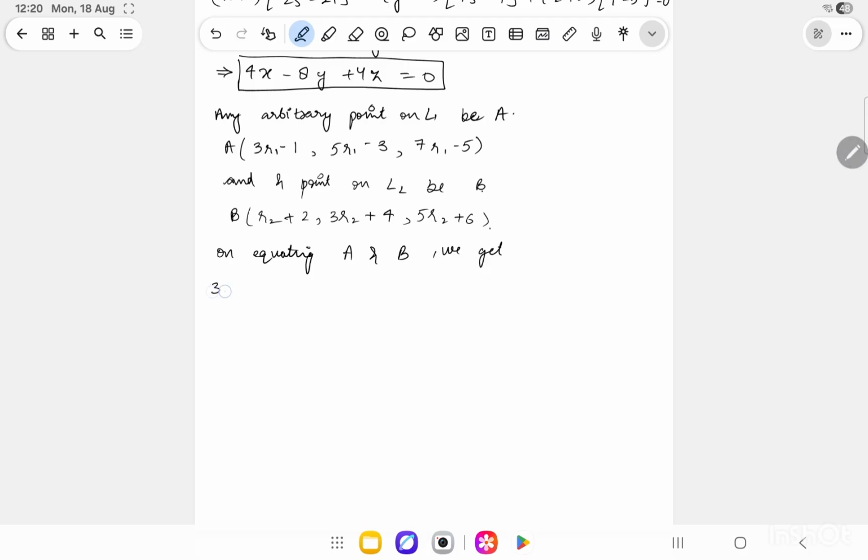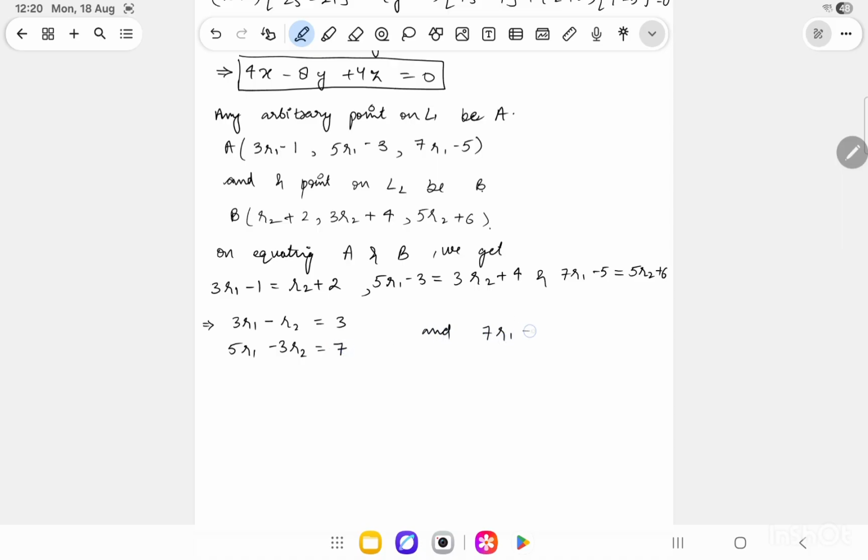On equating, I'll get 3R1 minus 1 equals R2 plus 2, 5R1 minus 3 equals 3R2 plus 4, and 7R1 minus 5 equals 5R2 plus 6. If I simplify this, I'll get 3R1 minus R2 equals 3, 5R1 minus 3R2 equals 7, and the last one is 7R1 minus 5R2 equals 11.